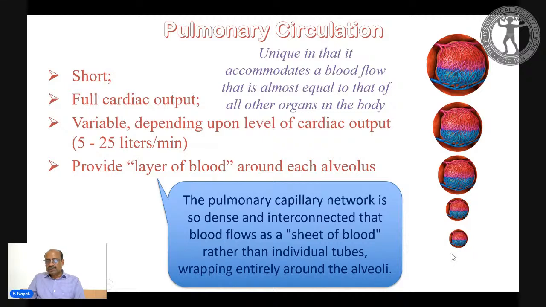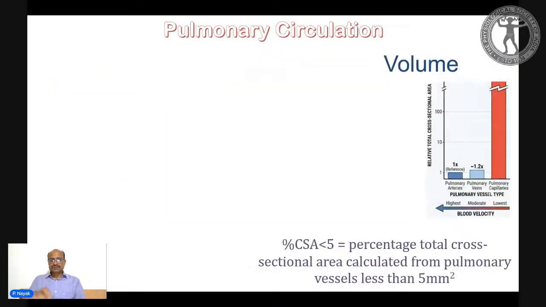But in our body, the pulmonary capillary network is so dense and interconnected that the blood flows as a sheet. No space of the alveolar surface can be wasted; that's why it is made available for gaseous exchange, and it is something like a sheet of blood, a layer of blood over the alveolar surface.